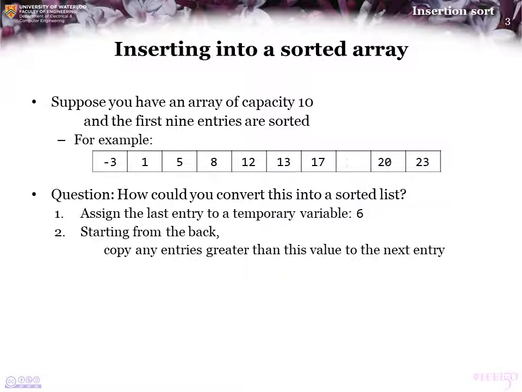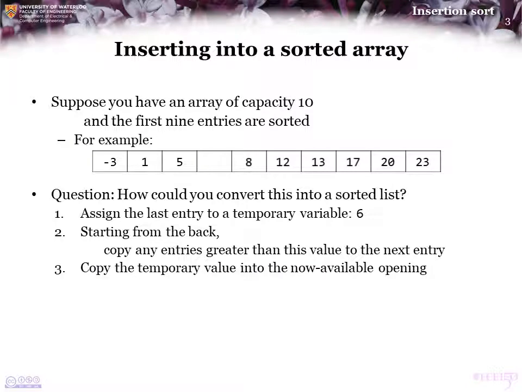So doing so, we move 23, 20, 17, 13, 12, 8, and now we're done because 5 is less than or equal to 6. If that third entry contains 6, we wouldn't have to move it. At this point, we copy the value stored in the temporary variable back into that now available opening. So here we now have a sorted list of capacity 10.